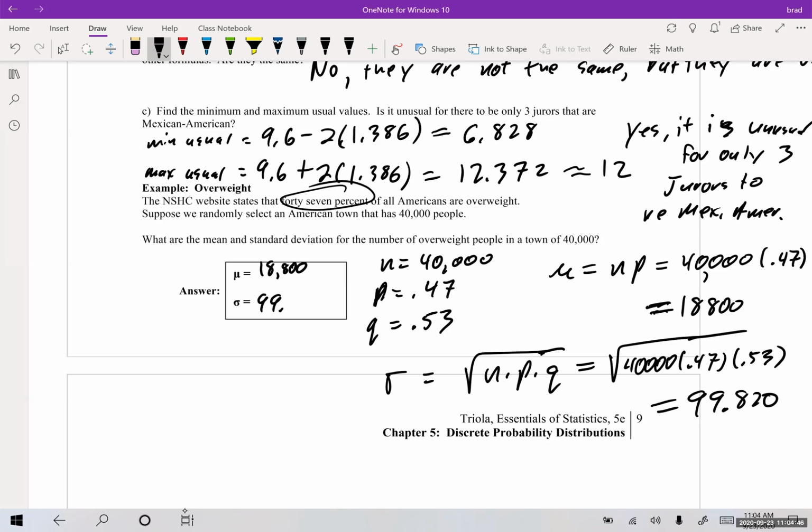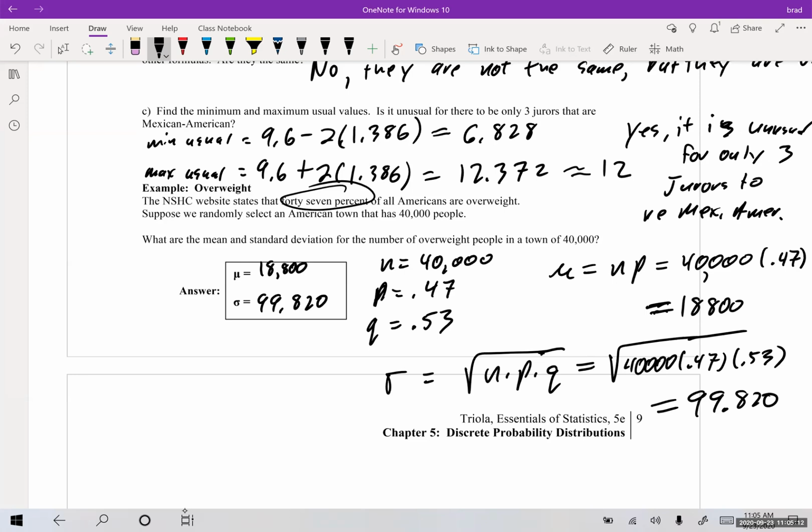So I'm going to put 99.820 right here. Okay. So we have a mean of 18,800. So that means approximately 18,800 people should be what we expect to be overweight. And again, the mean and the expected value are the same. So we're going to say that's about 18,800, with a standard deviation of almost 100 people.